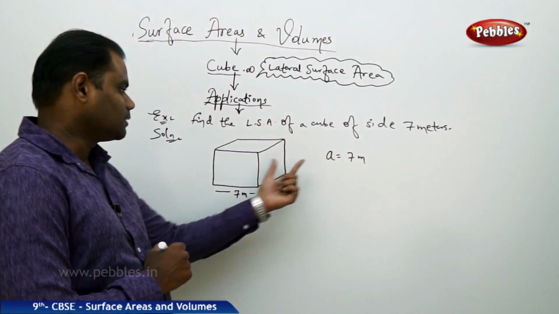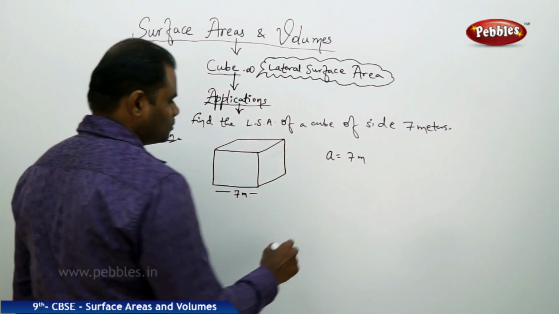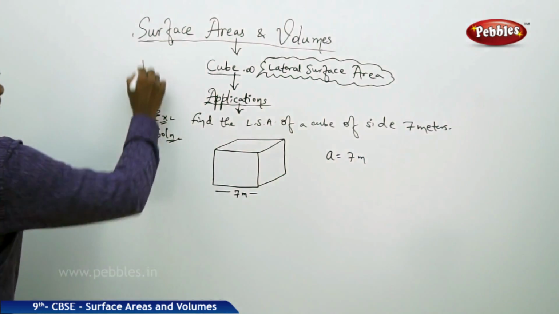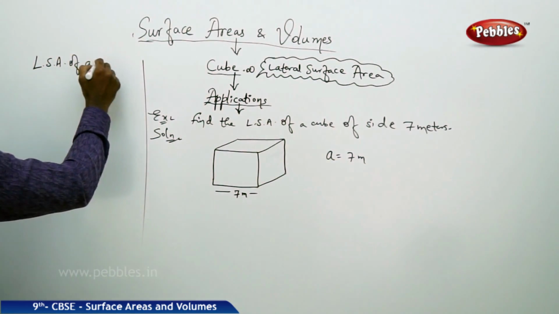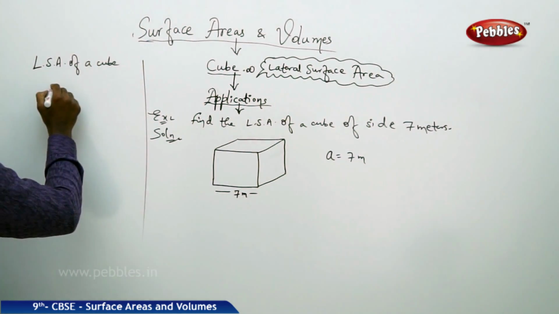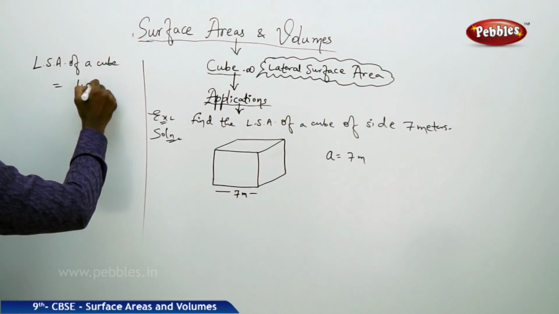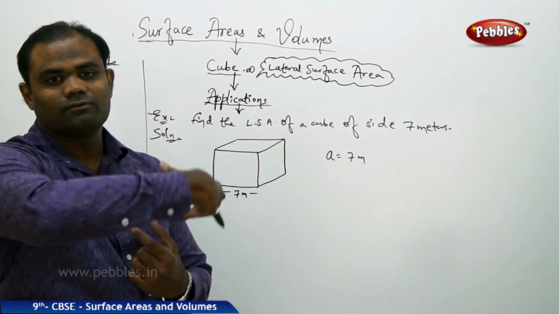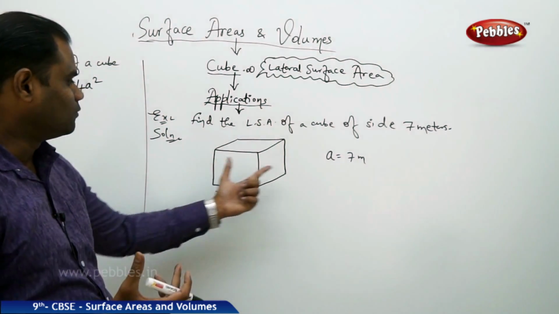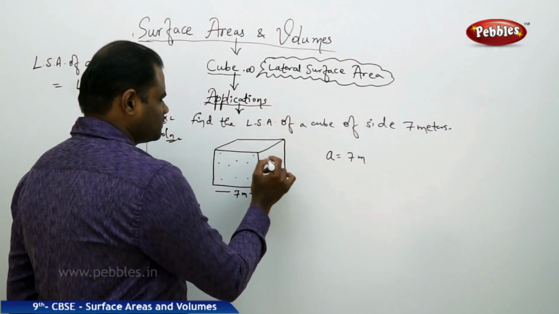So my side A is 7 meters and the lateral surface area of a cube is 4 times A square, as we have seen in the formula. 1, 2, 3, 4, the 4 faces or the 4 squares which are taken into consideration.